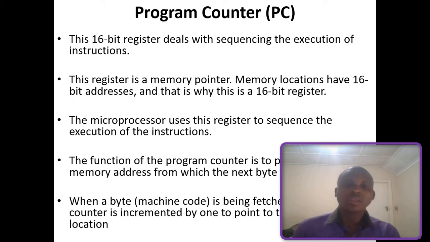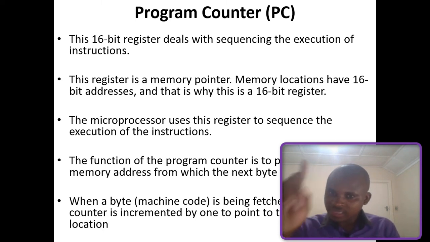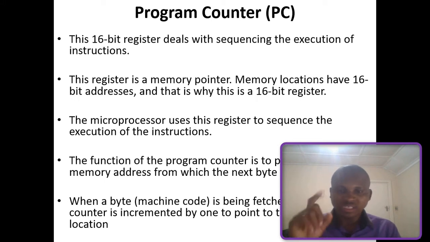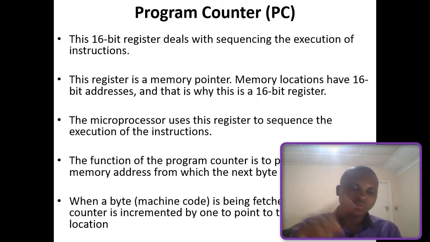So, the program counter: this 16-bit register deals with the sequencing of the execution of instructions. How is it going to do that? The register is a memory pointer, which means it will be pointing to a memory location of 16-bit addresses, and that is why this is a 16-bit register. The microprocessor uses this register to sequence the execution of the instructions.